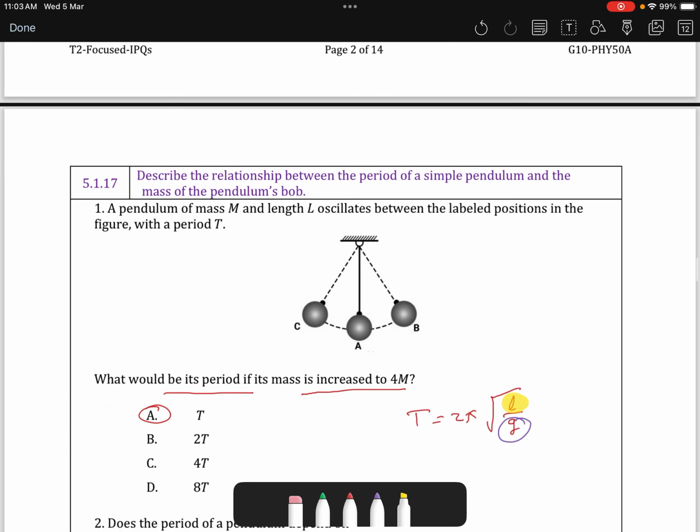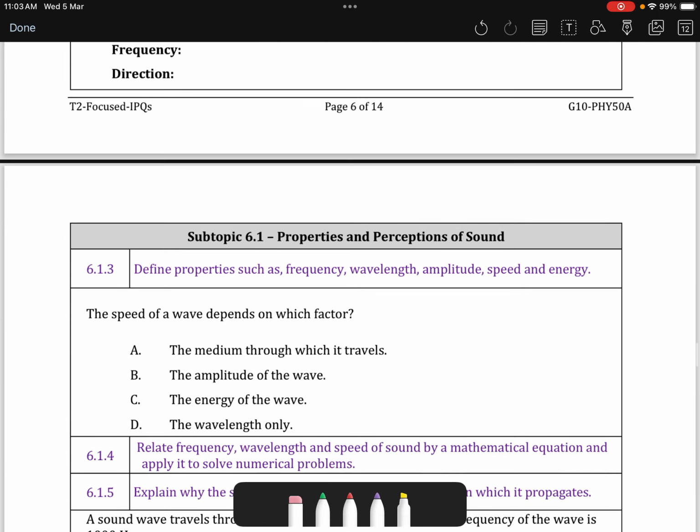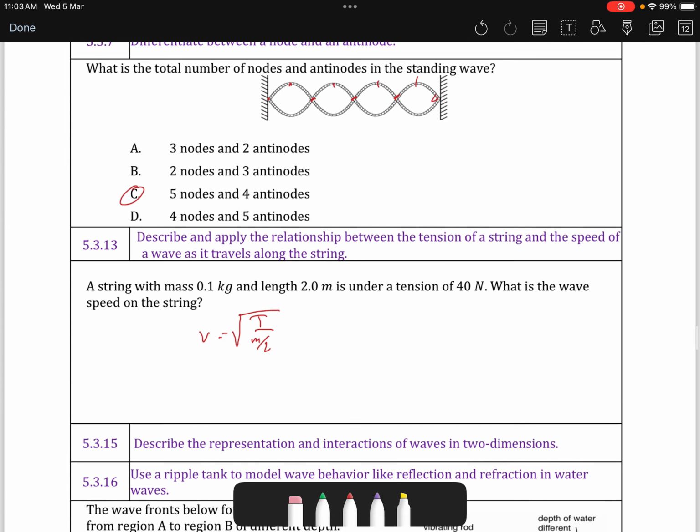Okay. Now, Bismillah. The velocity equals the square root of 40. Of course, T here is not the period, it's the force. So we need to be careful. I don't want you to be confused.